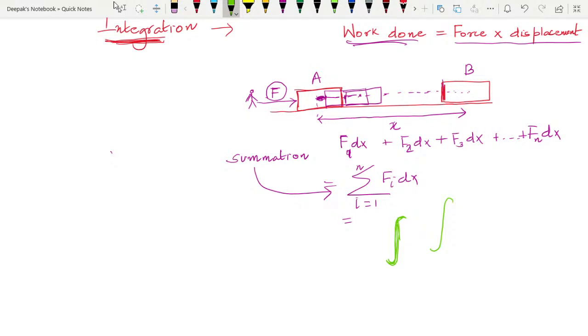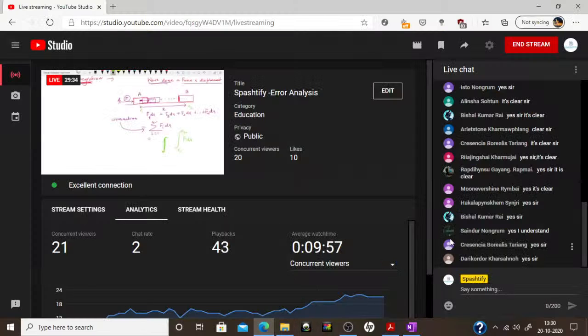So in that case, what will I write? F dx from, let us say this is x1, this is x2, from x1 to x2. Understand? From x1 to x2. Is it clear? So this way integration can help us, right?